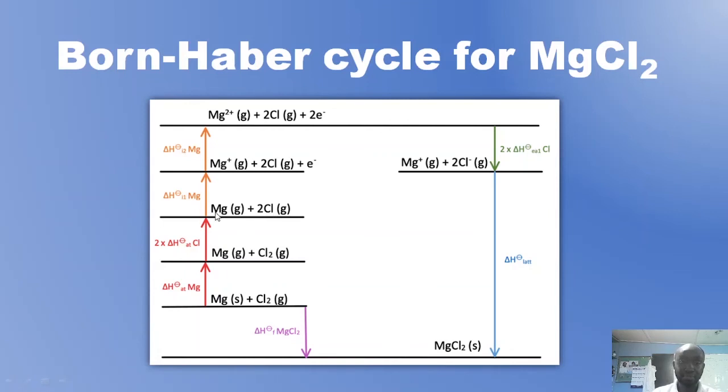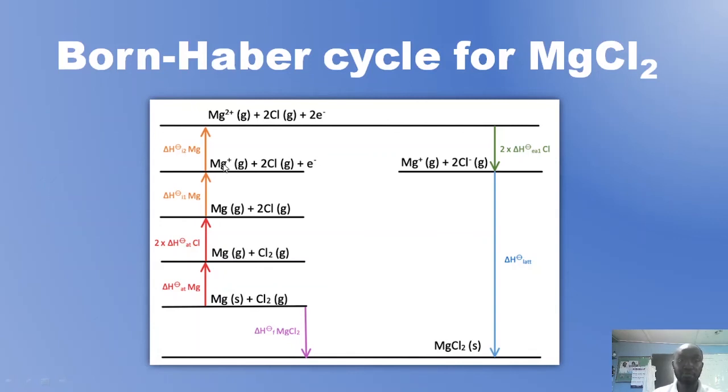After that, this magnesium, which has been turned to a gas, loses 1 electron, which is the first ionization energy of magnesium, and all these processes are endothermic. So you see that the energy is rising because it is endothermic. Magnesium gas becomes magnesium plus, plus 1 electron.